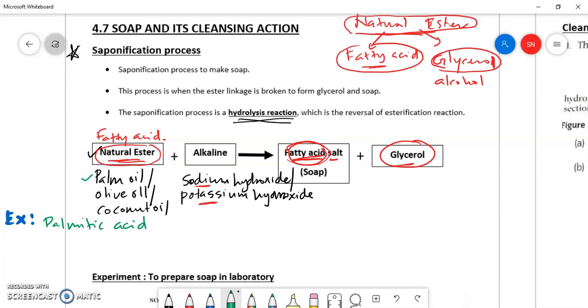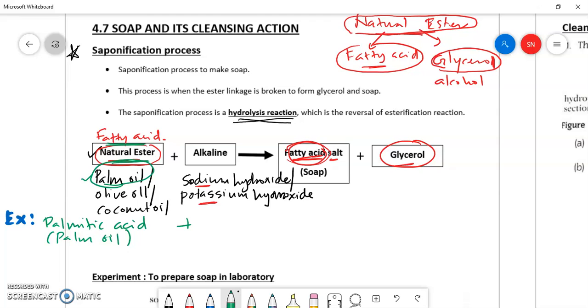Palm oil actually contains not only palmitic acid, it contains lauric acid and so on. So if I use palm oil, then it would be mainly palmitic acid as my fatty acid. That's the natural ester which we are talking about, from palm oil.